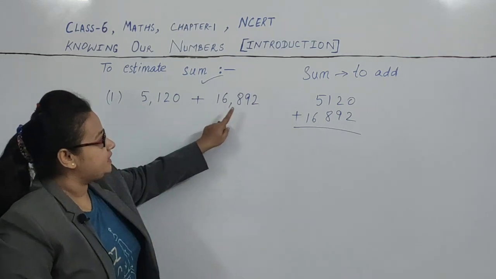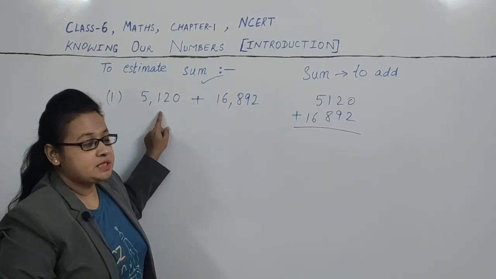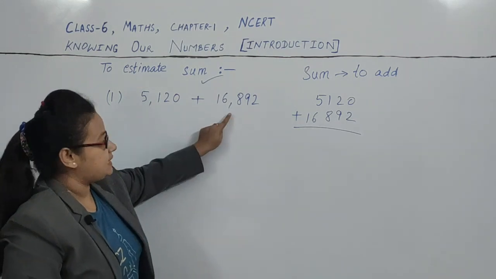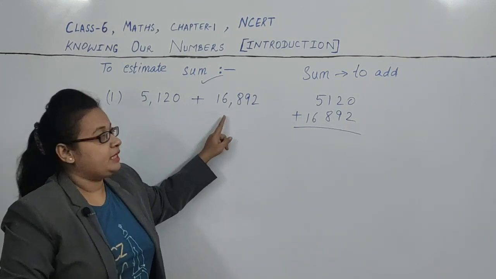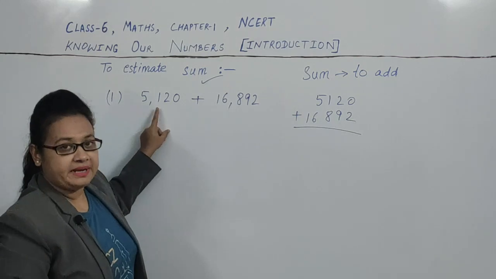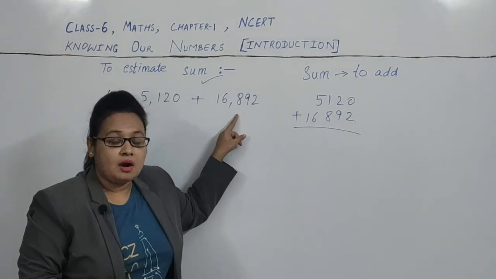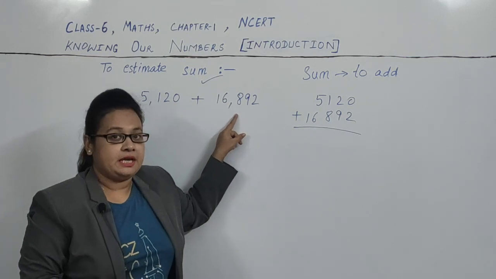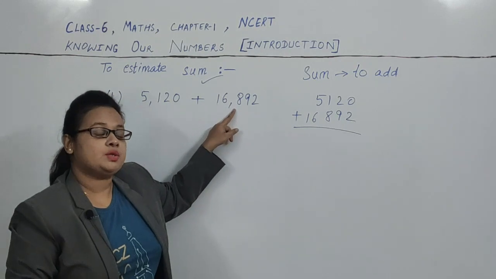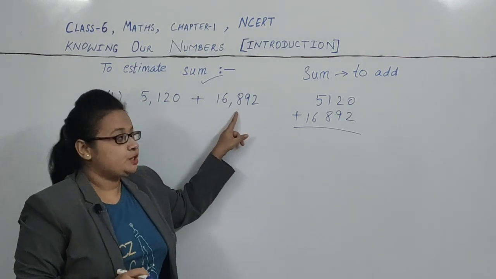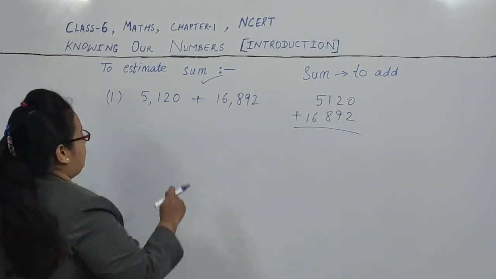So we will round off these two numbers to the thousands place, because when we find the estimated sum, we round off both numbers to the same place. If we round off this number to the thousands place, we have to round off the other number also to the thousands place. We can't round off this number to the hundreds place and the other to thousands.